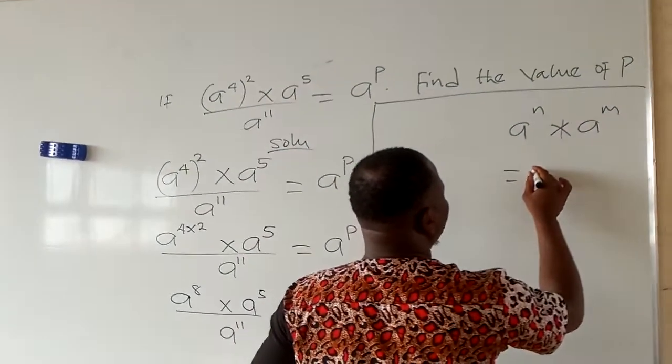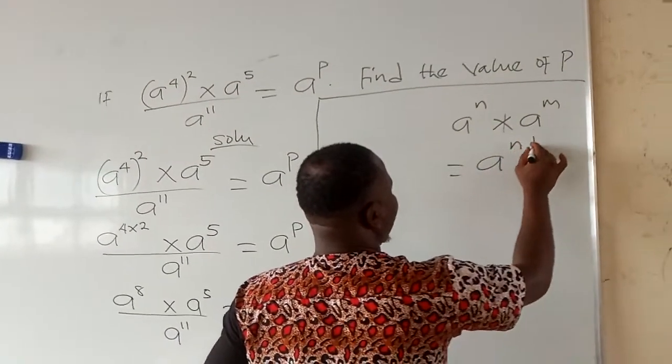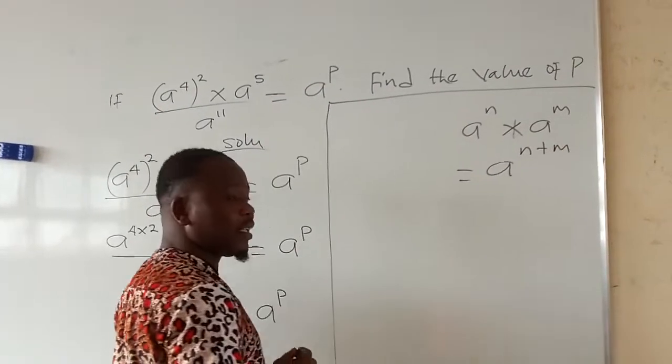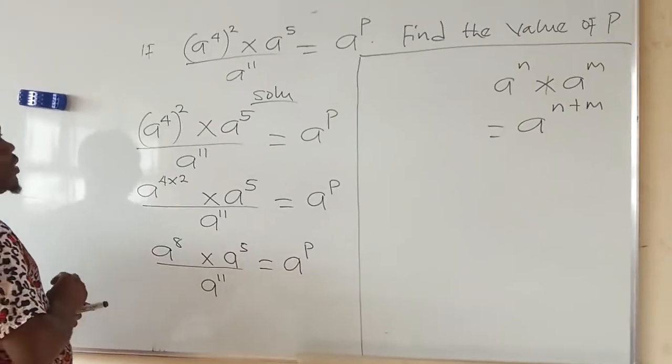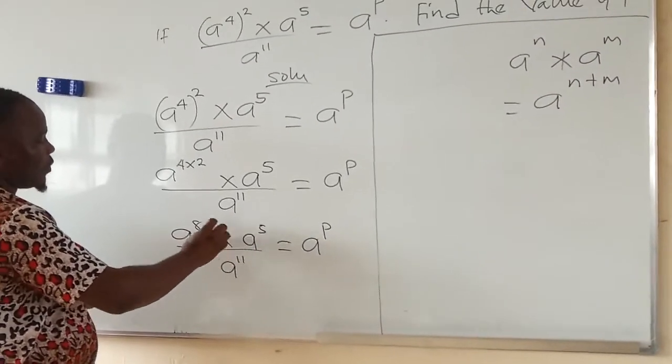So definitely it will give you what? a raised to the power of m plus n. Is that clear? So that is what we want to do here. We just want to consider the numerator first.